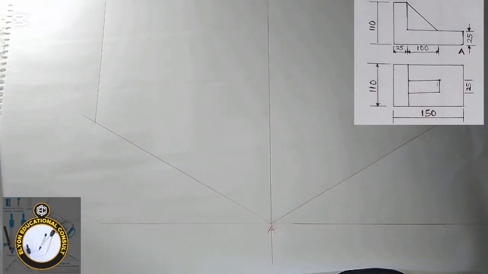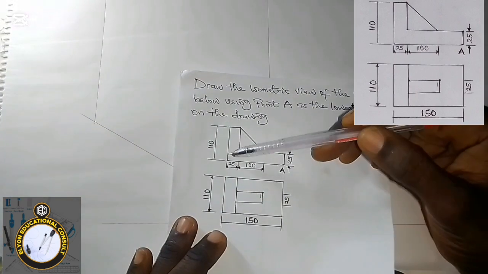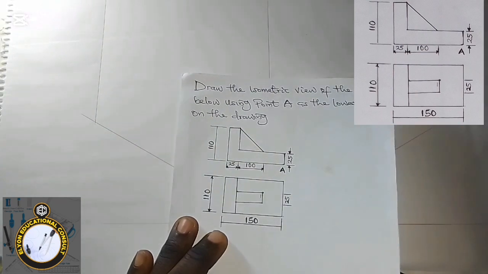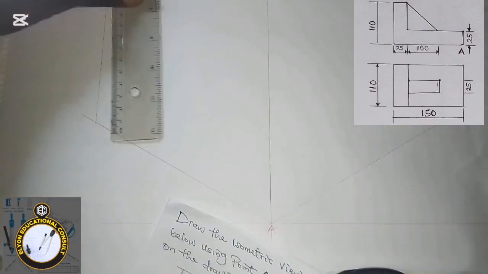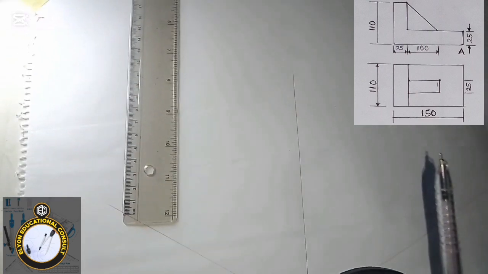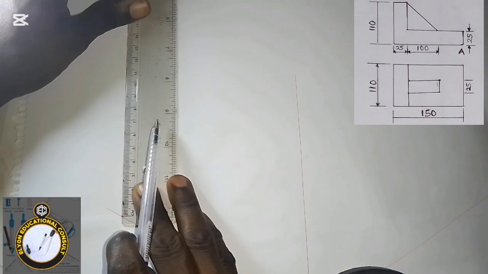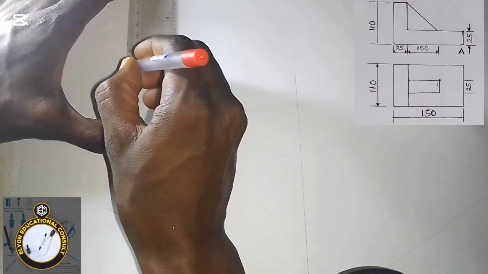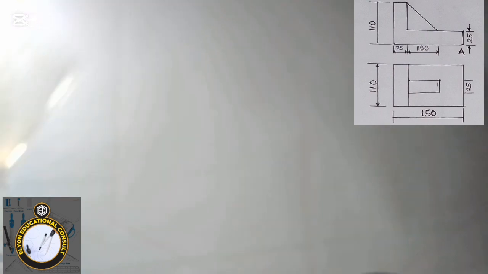We are told from the question, if you look at it very well, the length here is 110, that is 11 centimeter. So I'll be taking 11 centimeter here. I'll measure 11. This is 11.